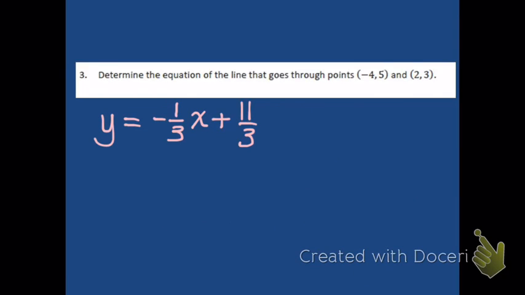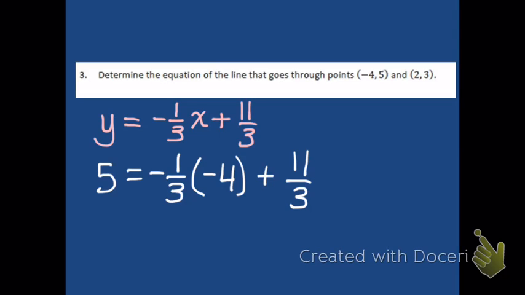So given this equation that we came up with, what I want to do now is plug in or substitute the other point that I haven't checked yet, negative 4, 5, into this equation. I'll put in 5 for y and negative 4 for x, and just check to make sure it's a solution. If that's a solution to this equation, then I can be pretty sure that I got this equation right.